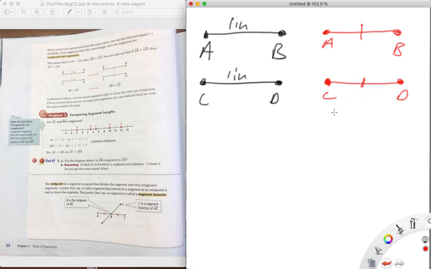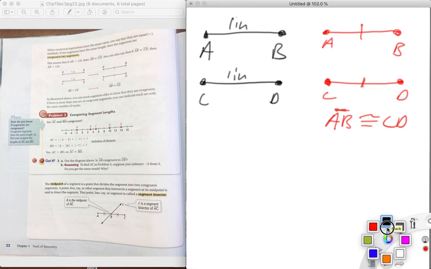So since I know that AB and CD are of the same length, I know that they have the same shape and size, I can say line segment AB is congruent to line segment CD. Here on the left, since I know they're the same length, I can say that the distance between A and B is equal to the distance between C and D, the measure.